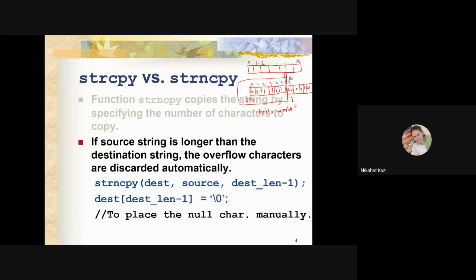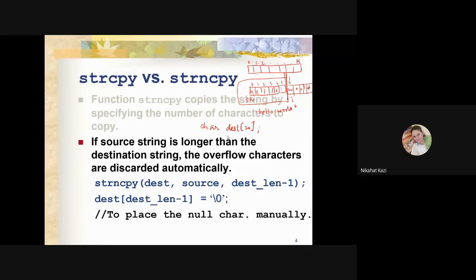If I declare char dest of 20, how many characters can it store? 19 characters plus 1 for the \0. The limit will be 19. So you specify one less as a programmer. Destination, source as usual, and specify the length.